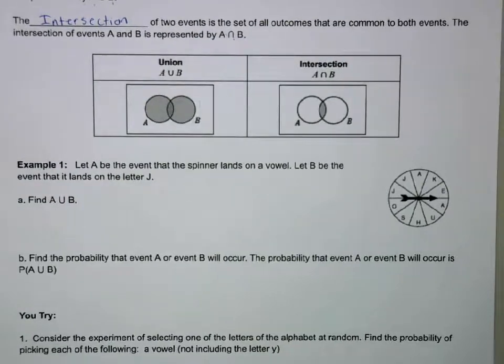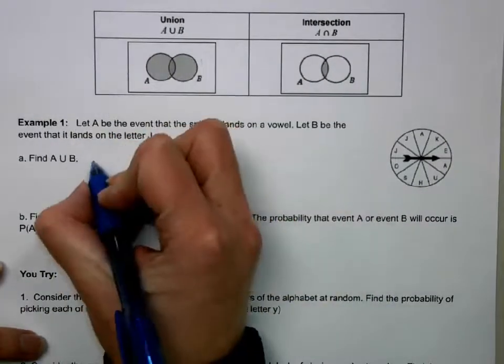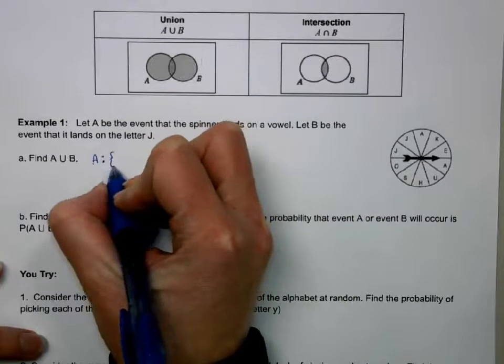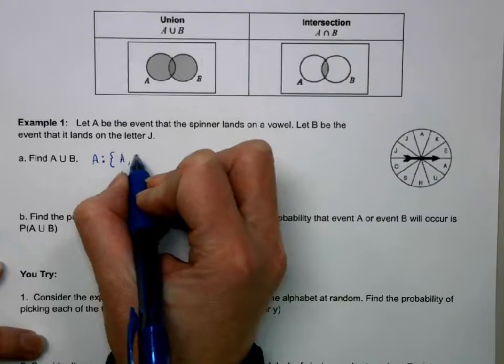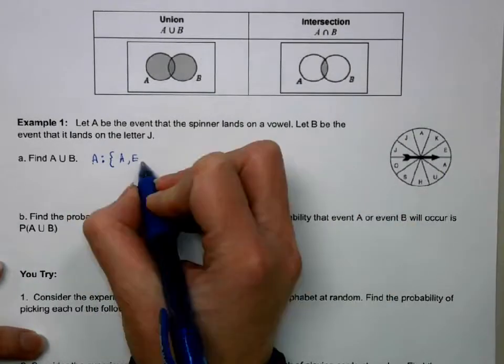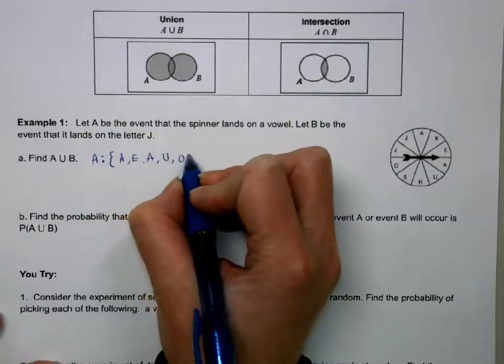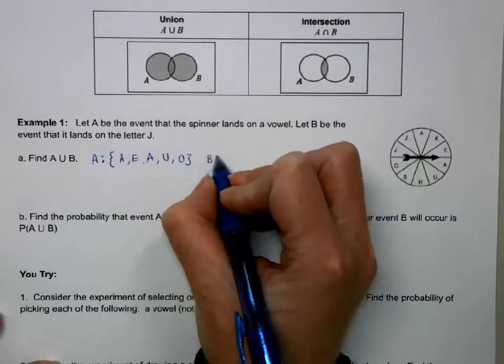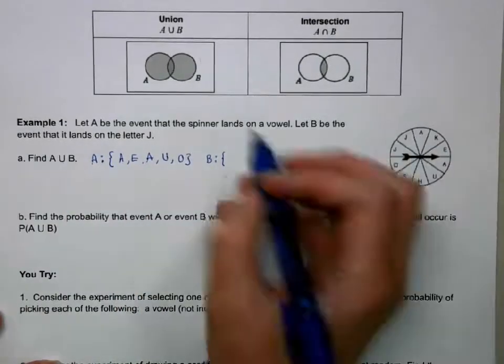So let A be the event that the spinner lands on a vowel, and B is the event that it lands on letter J. We're going to find A union B. So I'm going to use some set notation here. A is our vowels. Looking on our spinner, I have an A, an E, another A, U, and an O. My B is that it lands on a J. Looking at it, I have two J's.